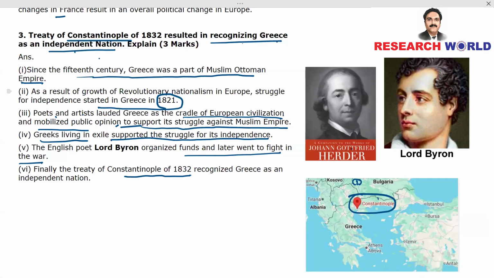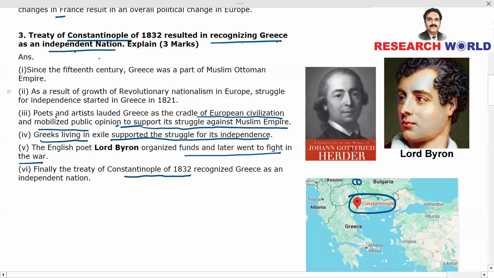So for this question, we have got 6 points. I will summarize. Point number one, since the 15th century, Greece was a part of Muslim Ottoman Empire. As a result of growth of revolutionary nationalism in Europe, struggle for independence started in Greece in 1821.